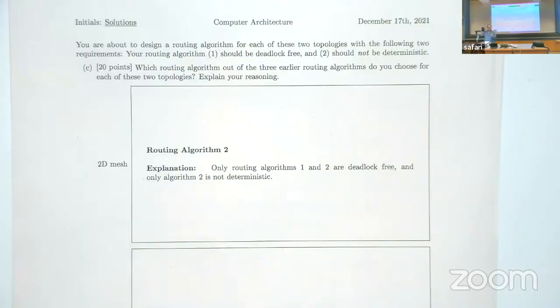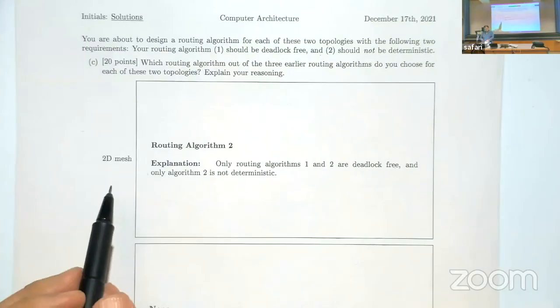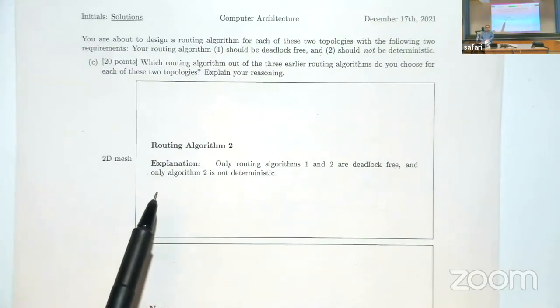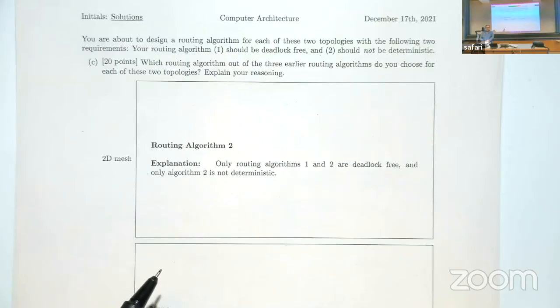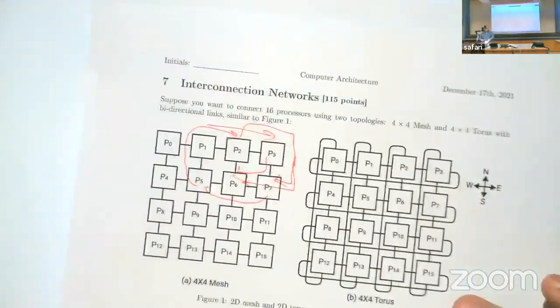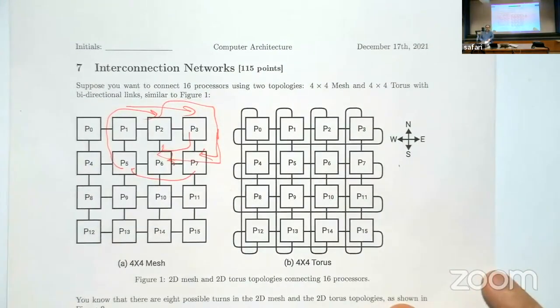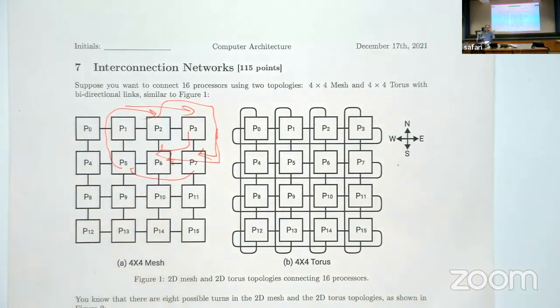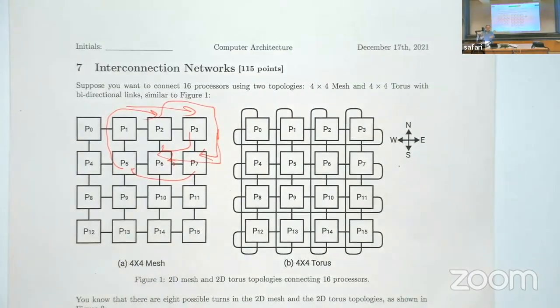So for the 2D mesh, there are 2 algorithms that are deadlock free, routing algorithm 1 and 2. Routing algorithm 1 is XY routing, and we know that XY is deterministic routing because no matter which source and destination you select, there is only one path. So routing algorithm 1 is deadlock free, but deterministic.